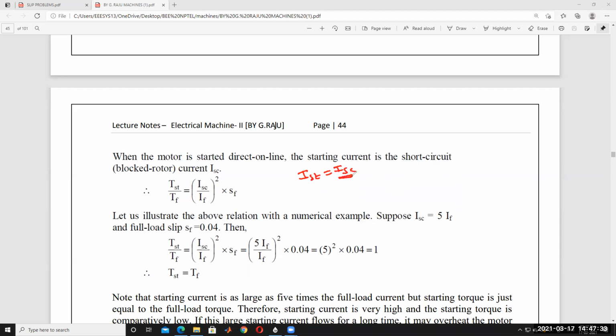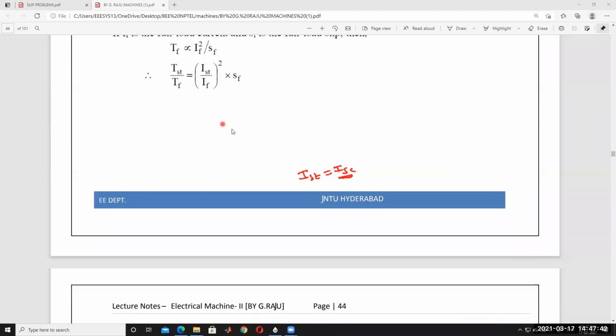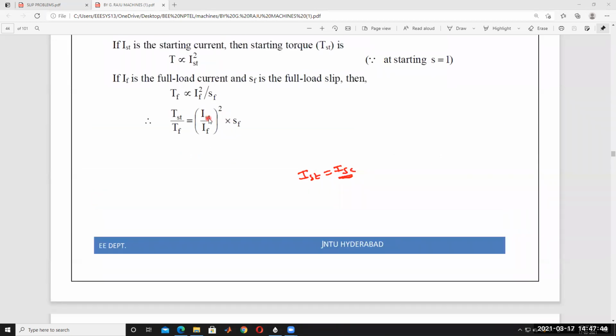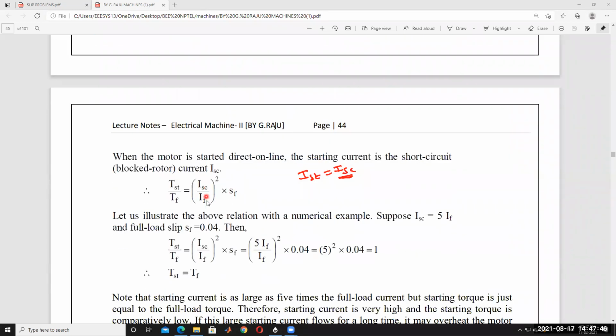This is called short circuit current. So starting torque by full load torque is equal to ISC divided by IF whole square into SF. Substitute IST is equal to ISC in this relation. It's clear. So this is the relation for direct online starting.